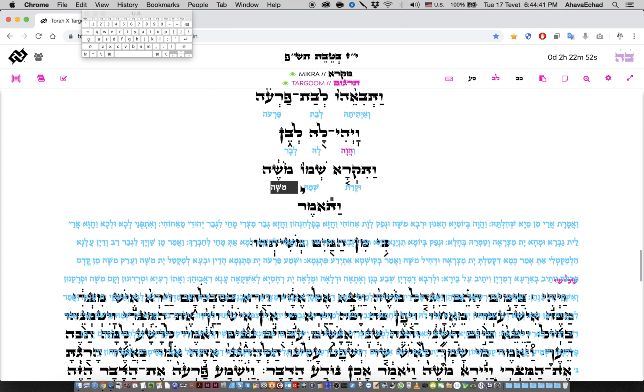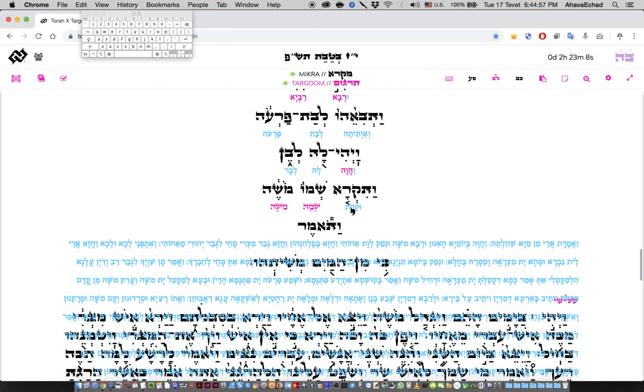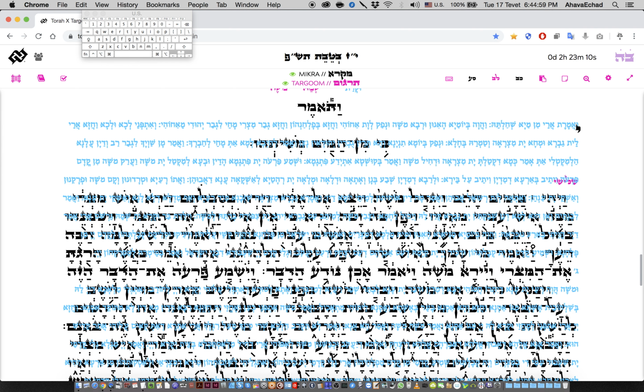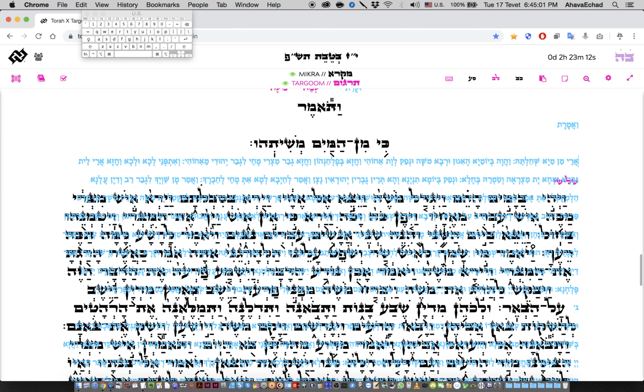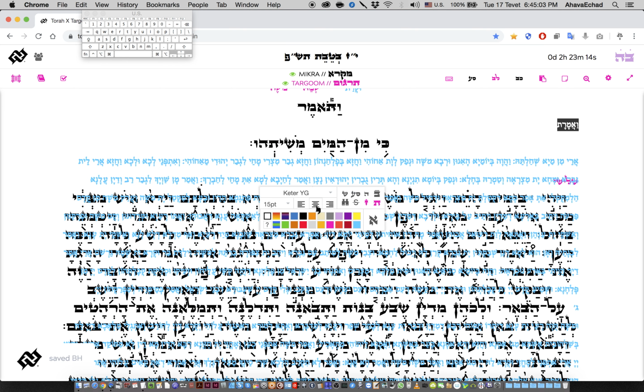Shmo is essentially the word Moshe as well. It's one off. Here is a hey, here is a vav. Same symbols. Shme Moshe. Vatomer, and she said, if it's one, you could just center it.